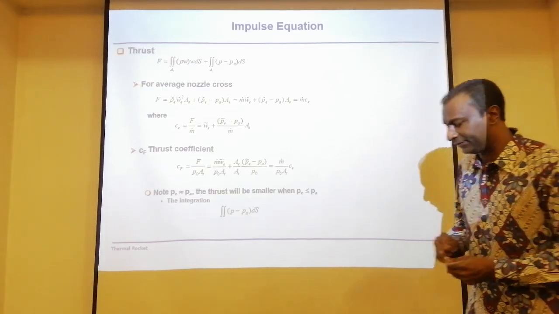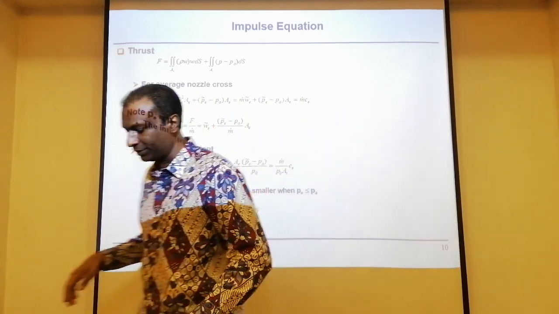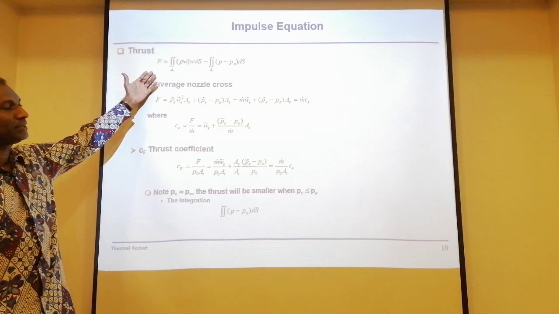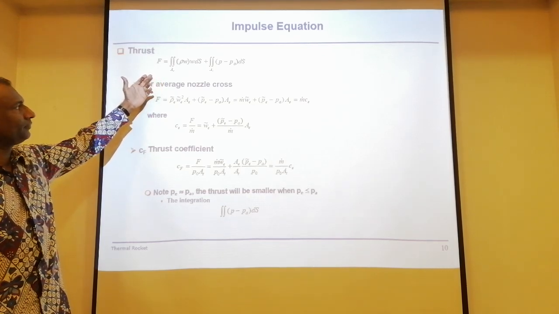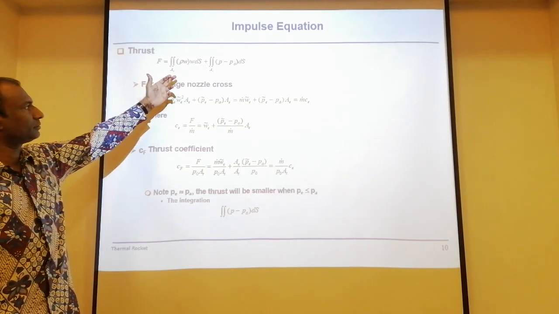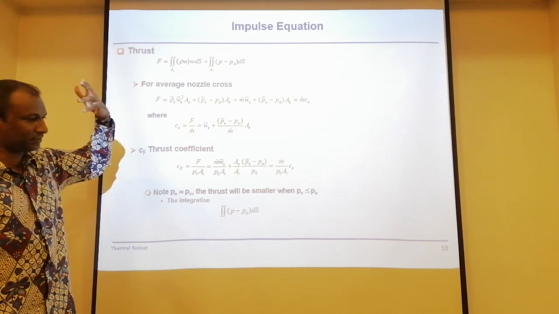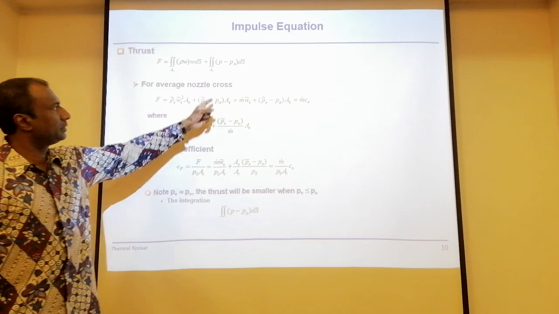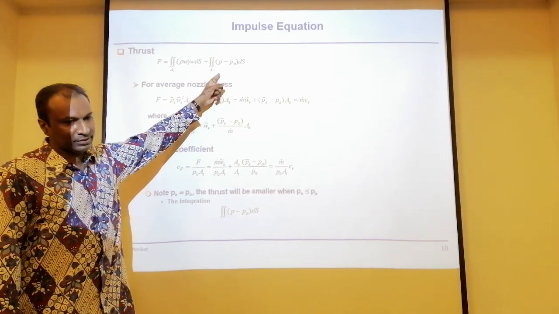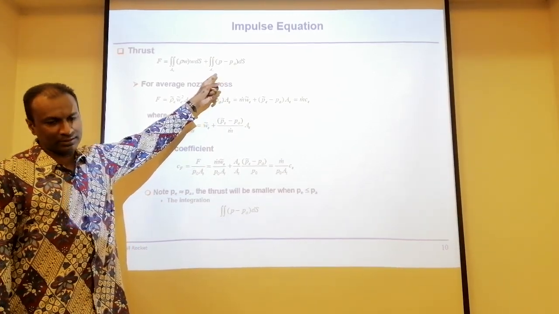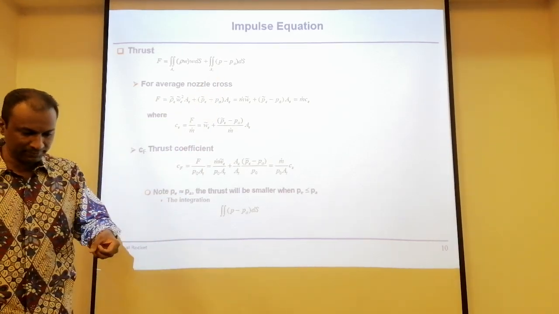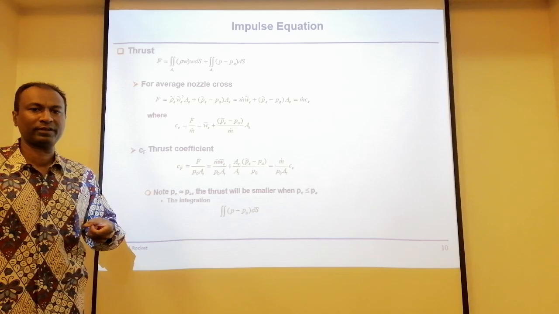All right, this is the first important equation. At the end of the day, what we want is the thrust, F. It is nothing but the double integration of rho W, the exit velocity, with respect to the surface, plus delta P, the difference of pressure between the chamber pressure and the atmospheric pressure.